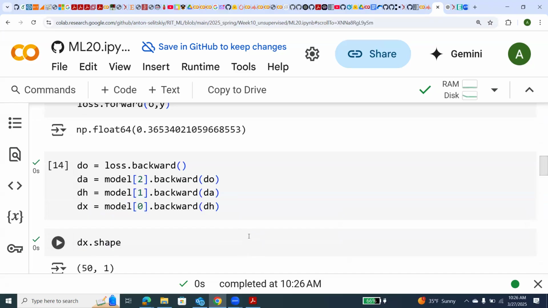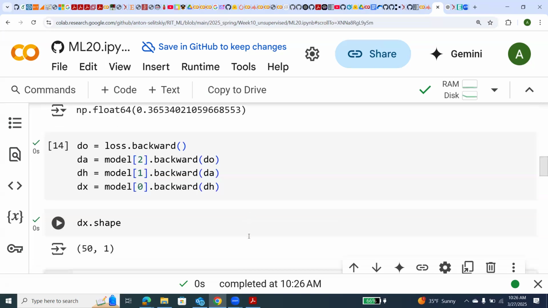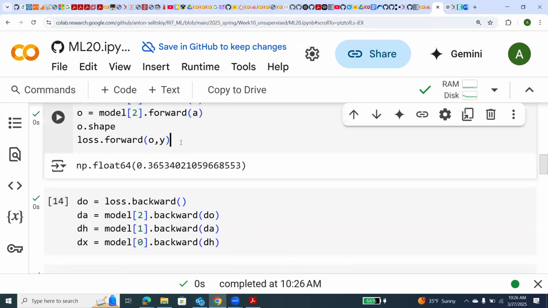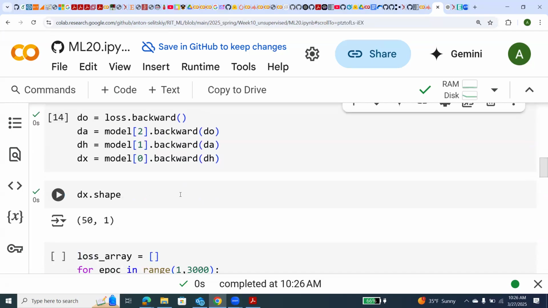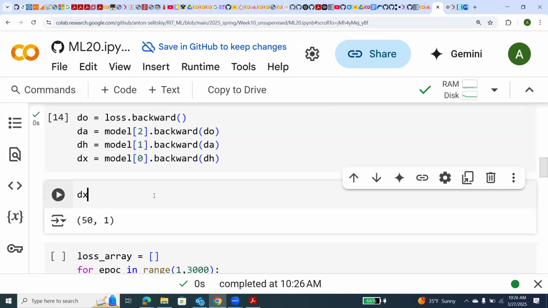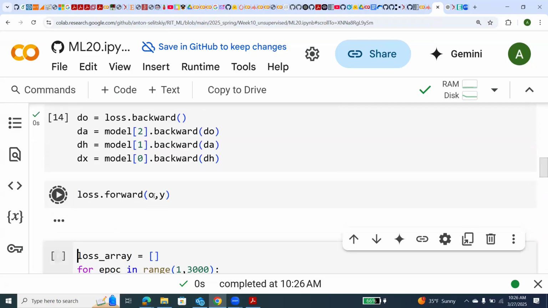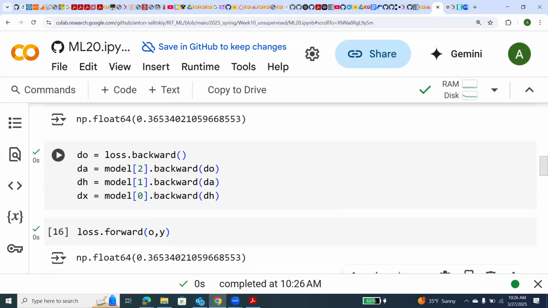But you remember when I apply backwards to my linear layer, inside this layer, we update the derivatives. So if I calculate loss function now, I believe I will get a different result.